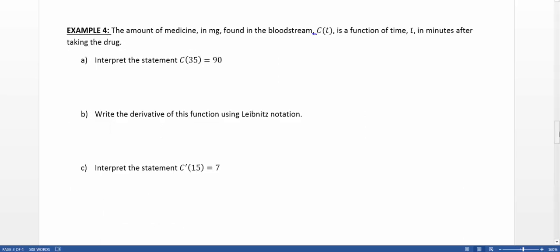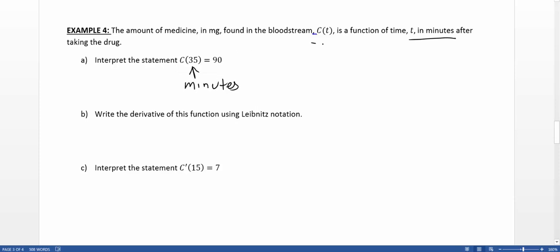Example 4. The amount of medicine in milligrams found in the bloodstream, C of t, is a function of time t in minutes after taking the drug. We want to interpret the statement C of 35 equals 90. So inside of our function is our independent units, which we said was time in minutes. So this is 35 minutes.